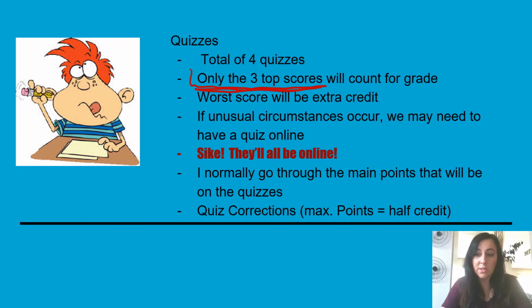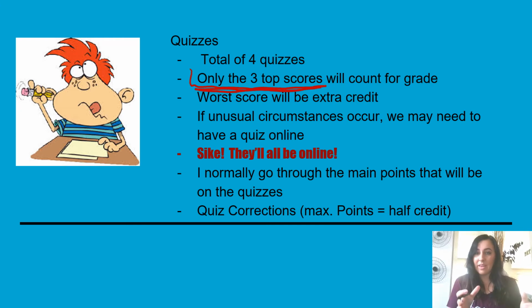Your worst quiz score, I'm going to add as extra credit, but this is going to happen at the end of the semester. The last week after we've taken our 4th quiz is when I'm going to redo and update everyone's grades. And for those of you who decided to follow the rules and do what you're supposed to do, you will probably have all 4 of your quizzes. So you'll have 4 quiz scores.